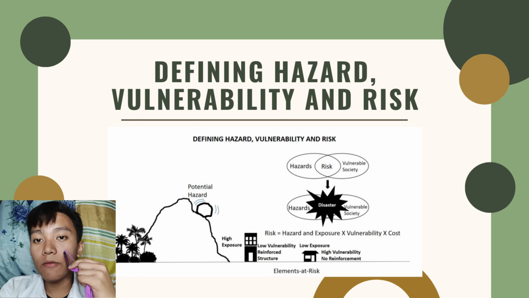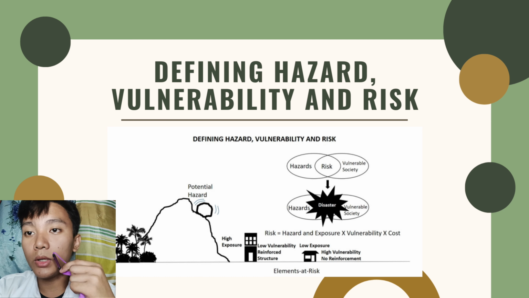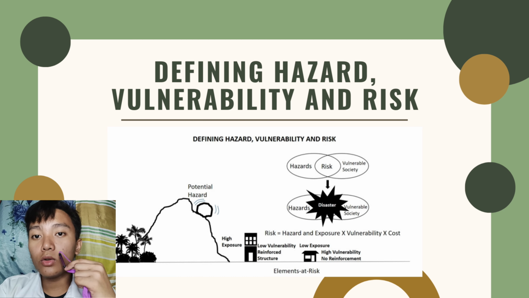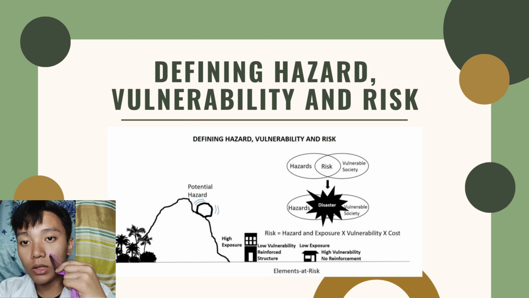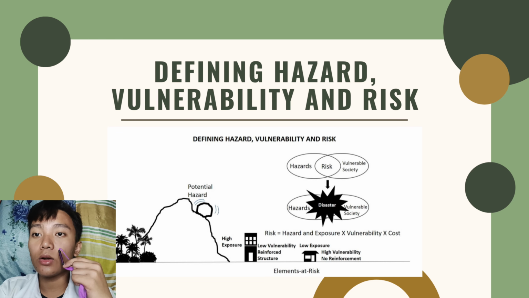However, it is high vulnerability because the building is just a normal house. So, when the hazard reaches that building, it will be destroyed immediately. It doesn't have proper mitigation and is not built to withstand a hazard or disaster.